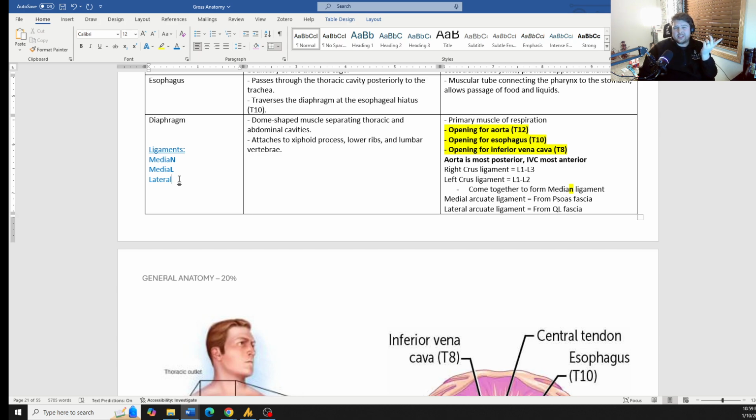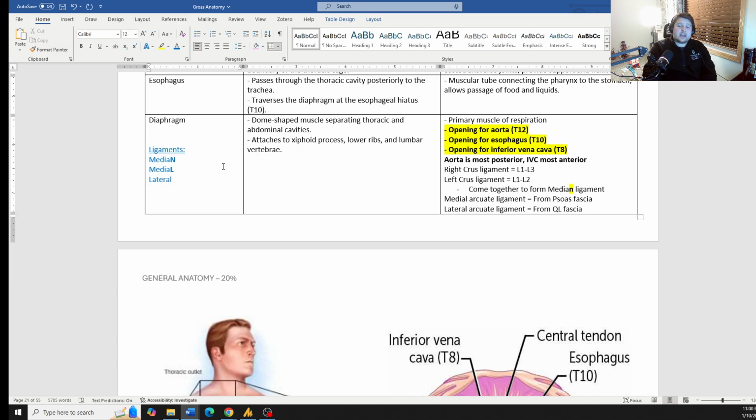So again, coming to some of the not questions: which of the following is not one of the ligaments of the diaphragm? They'll throw in some distractor, but we need to remember median, medial, and lateral ligaments of the diaphragm.